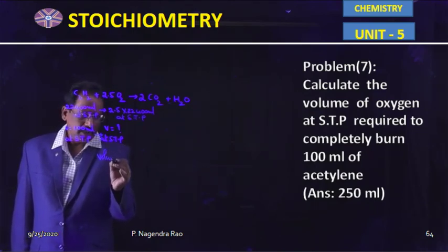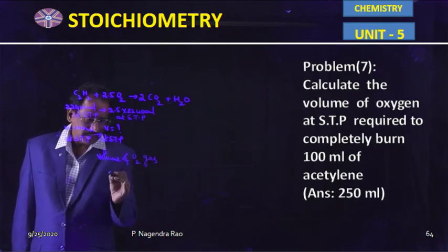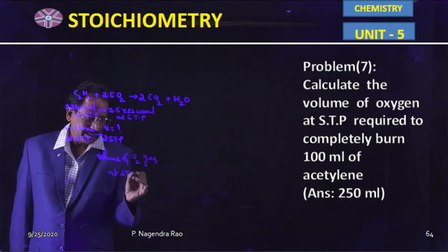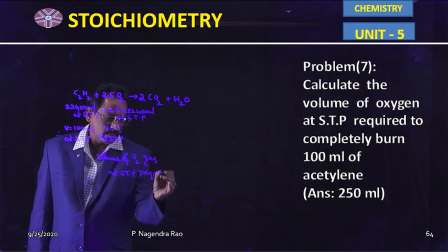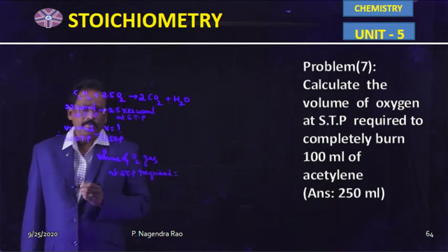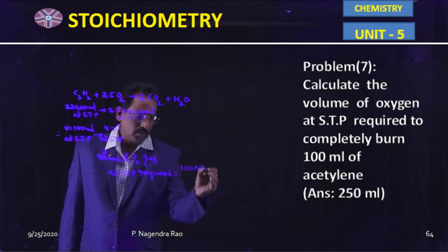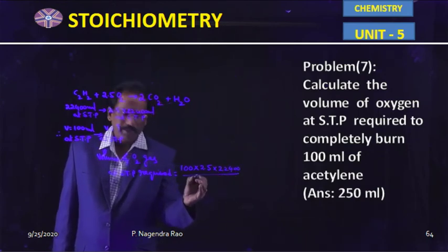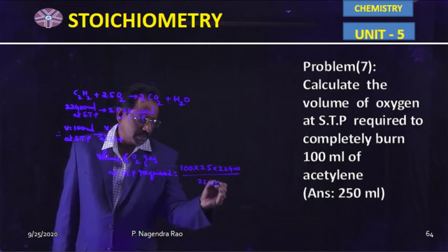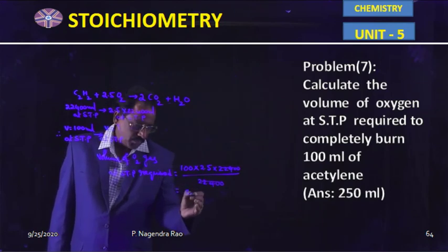So the volume of oxygen gas at STP required is equal to 100 into 2.5 into 22,400 divided by 22,400. So this is equal to 250 ml.